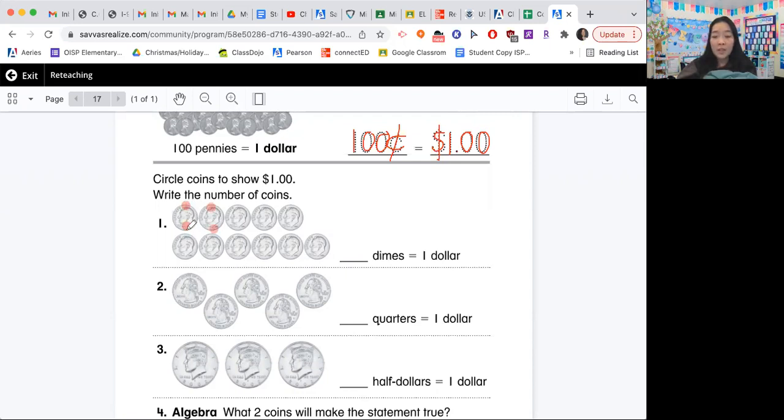So 5, 10, 15, 20, 25, 30, 35, 40, 45, 50, 55, 60, 65, 70, 75, 80, 85, 90, 95, 100. I know 100 cents is equal to $1. So how many dimes did I just count to get to $1?